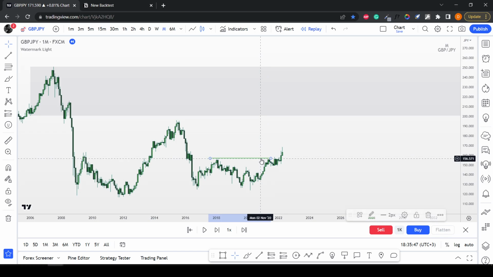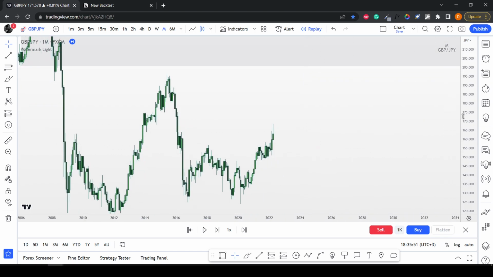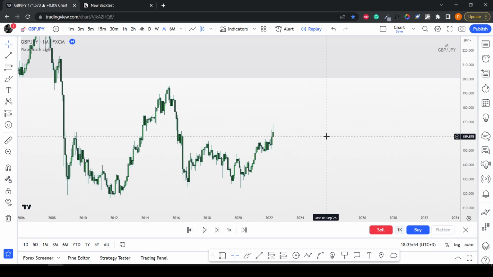So for me, yearly and 6 months does not tell too much, and the price can just go either way. So we need to use lower time frames to confirm any kind of idea.